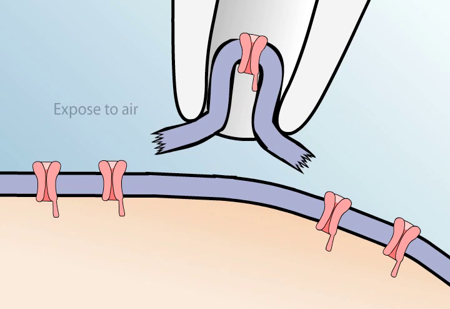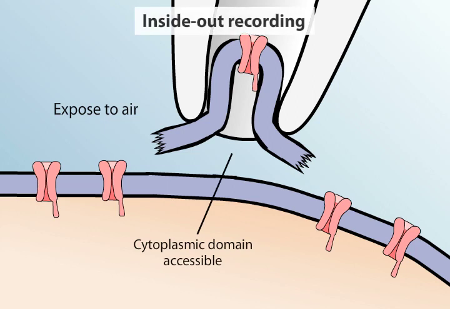By exposing the tip of the pipette to air, the vesicle opens to yield a small patch of membrane with its former intracellular surface exposed. This arrangement, called the inside-out patch recording configuration, allows the measurement of single-channel currents with the added benefit of making it possible to change the medium to which the intracellular surface of the membrane is exposed.